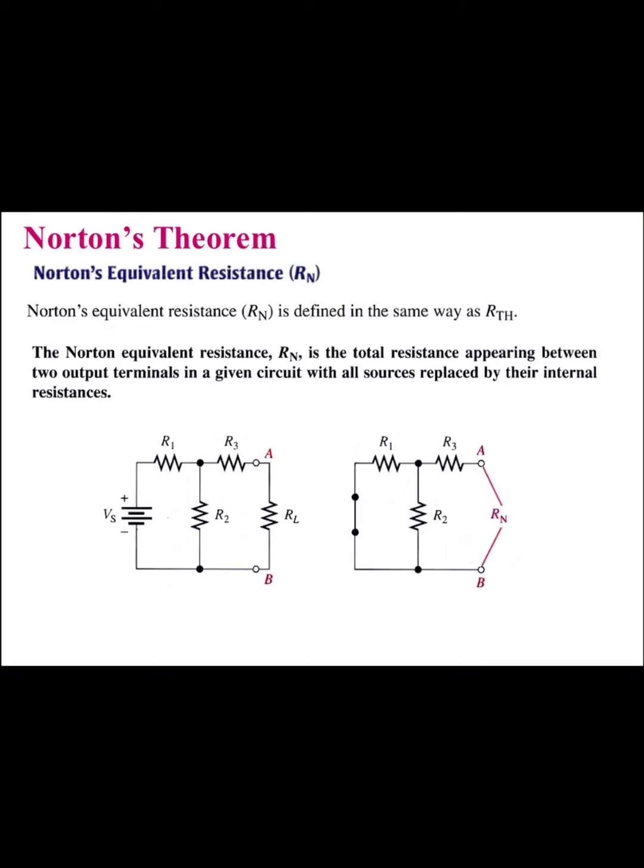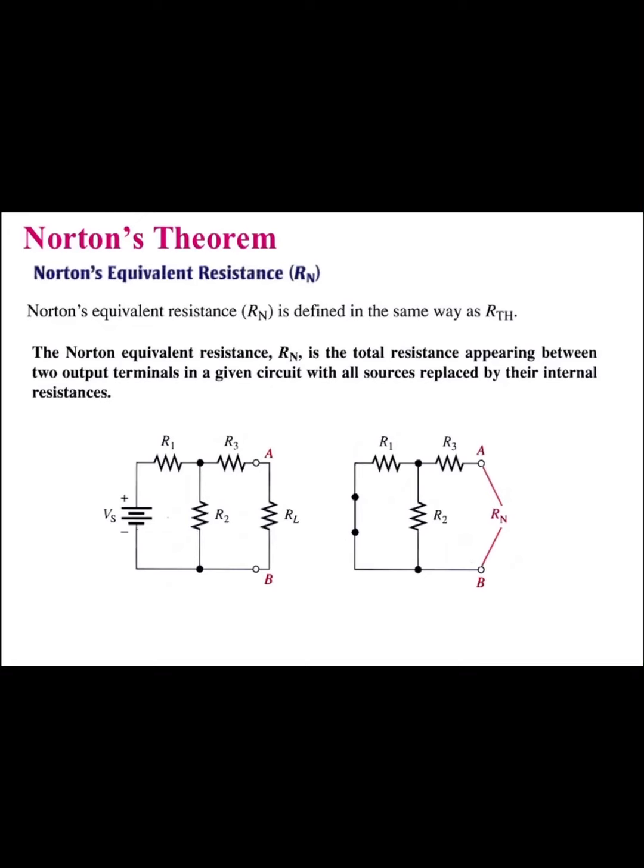And what will be the value of Rn? The resistance will be in parallel with the source. Just like RTH, the Norton equivalent resistance Rn is the total resistance appearing between the two output terminals, or the load terminals, with all sources replaced by their internal resistances. So this step is just like what we did in Thevenin theorem.